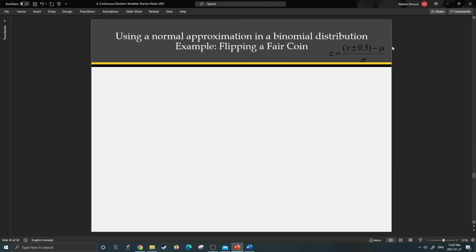Now over here, I've written my formula, just to remind you. And I'm just going to rewrite our data. So we got our mean of 25 and our standard deviation of 3.5355. Now, we're looking for a probability that x is greater than 23. Okay.